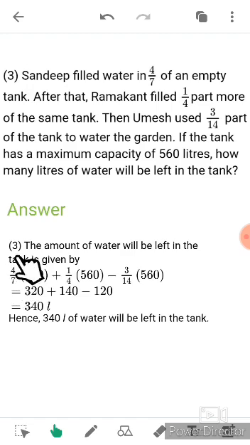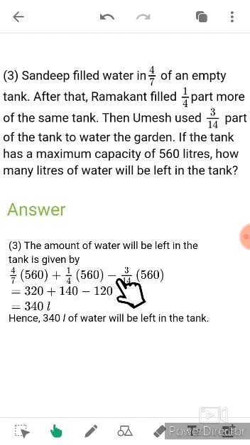First one is Sandeep. Sandeep filled 4 upon 7 part of the capacity, means 560. Then plus Ramakant filled 1 upon 4 part of 560 liters. Then Umesh used, use means subtract, you will have to subtract over here.